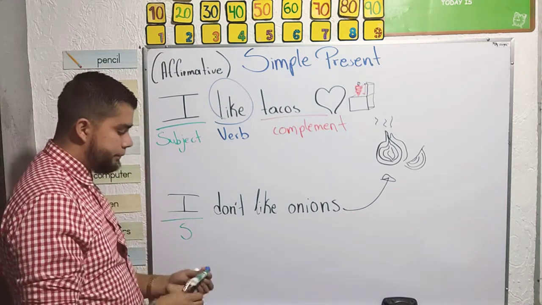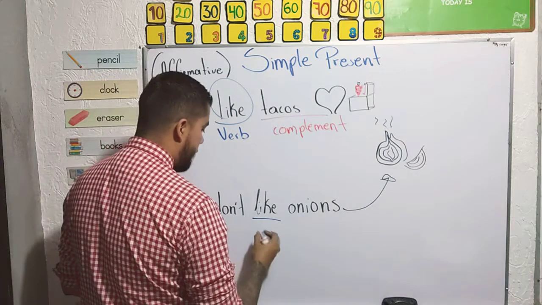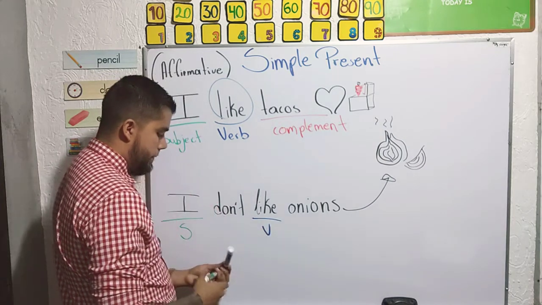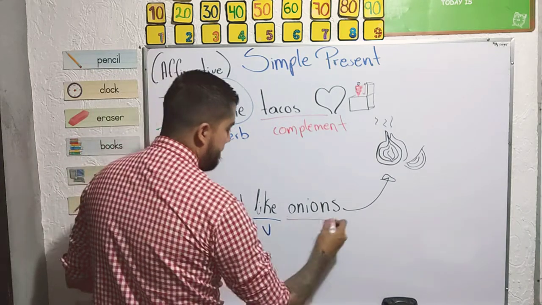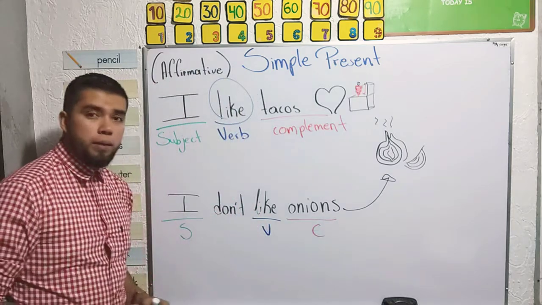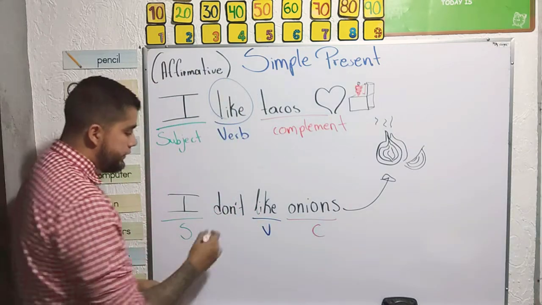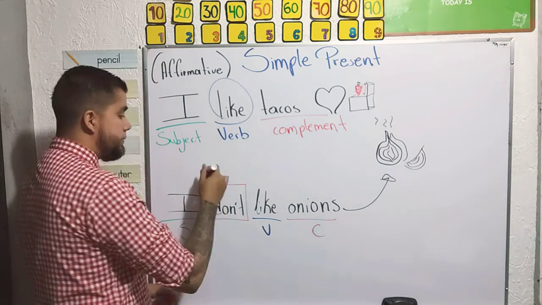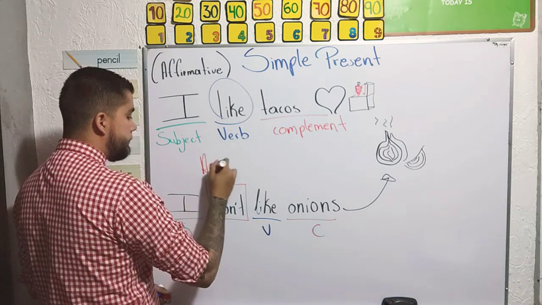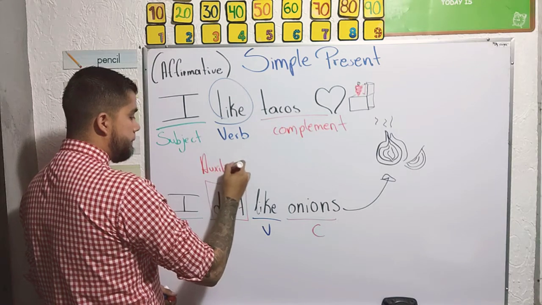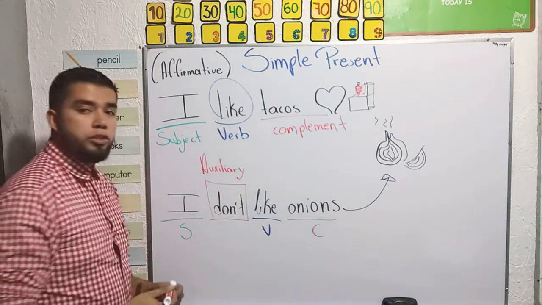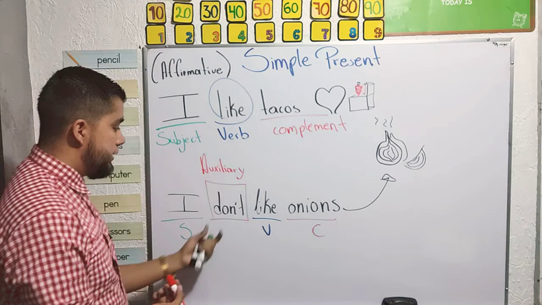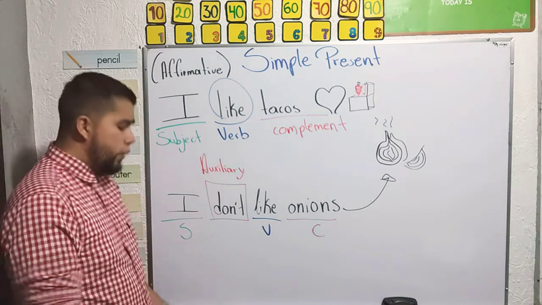In this case, it's the same formula, the same structure. Subject, verb, and complement. The only thing that is different is this. This is my auxiliary verb. In this case it is don't. But what is don't?